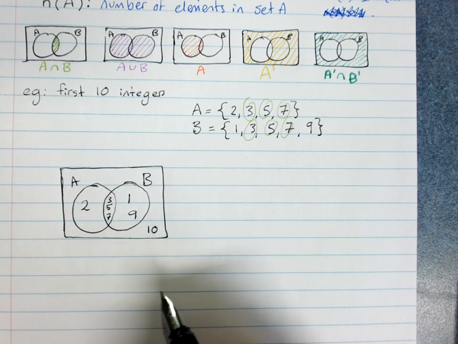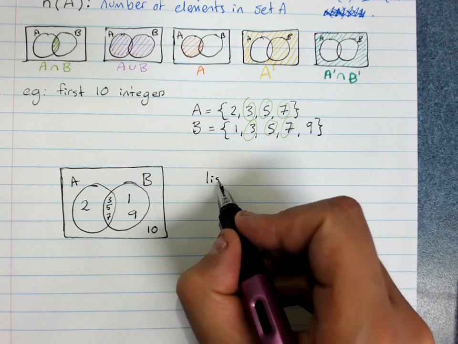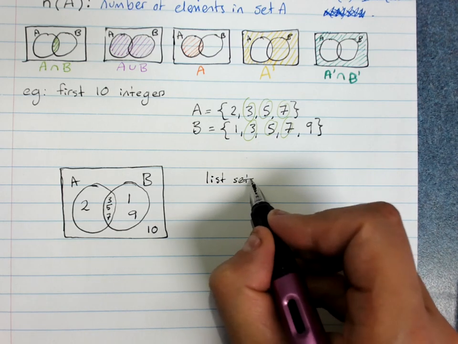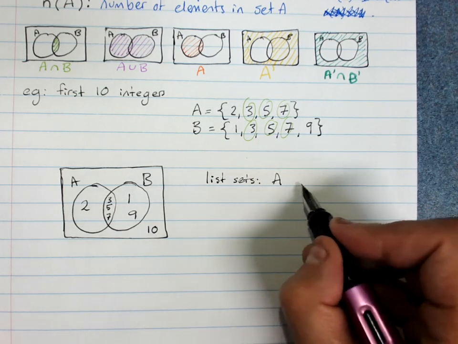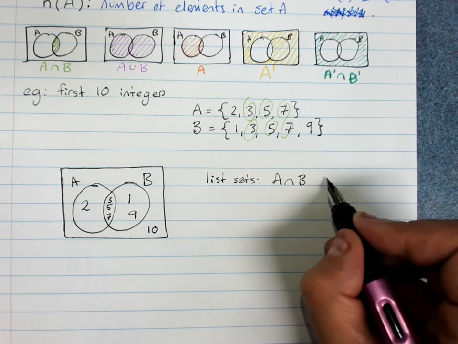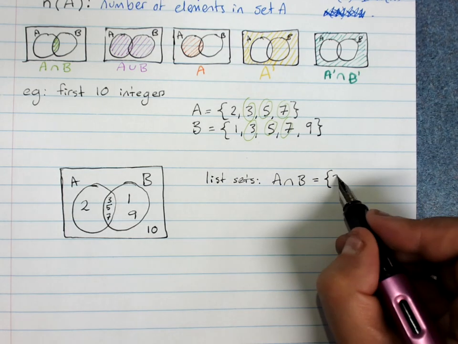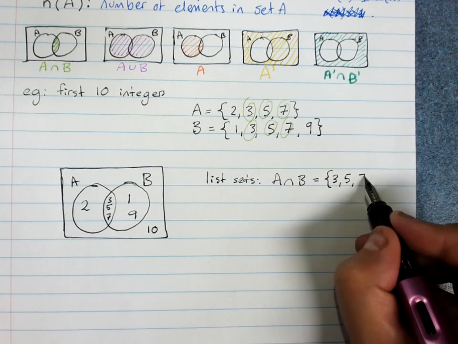If I got asked to list the sets, the set A and B is the intersection of A and B, so that set would be 3, 5, 7.